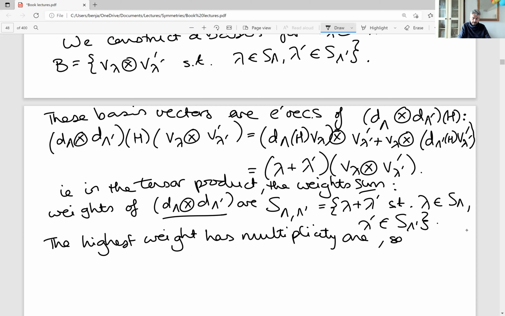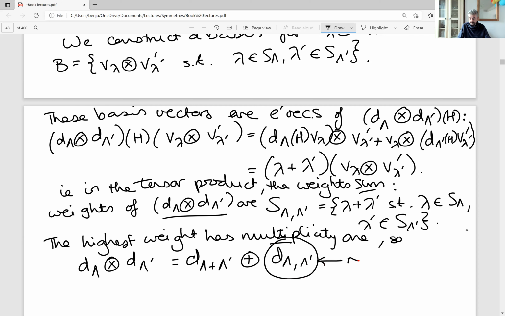So what we're going to do is introduce this notation. The highest weight state is when we have the eigenvalue equal to big lambda plus big lambda prime. And we're going to call the rest d bar. This d bar means the remainder, basically. So what's in this remainder?